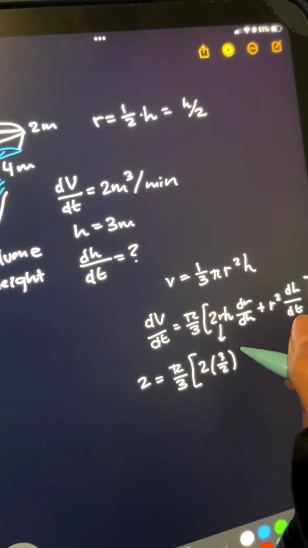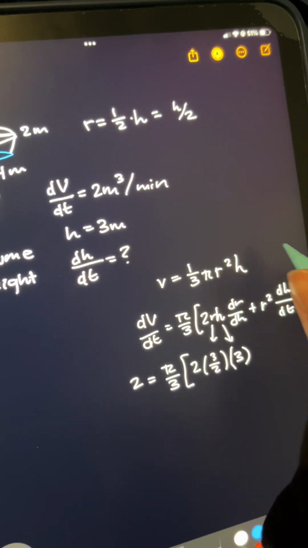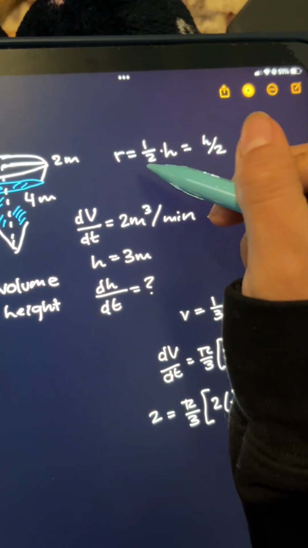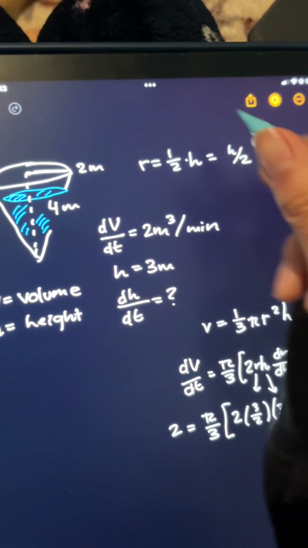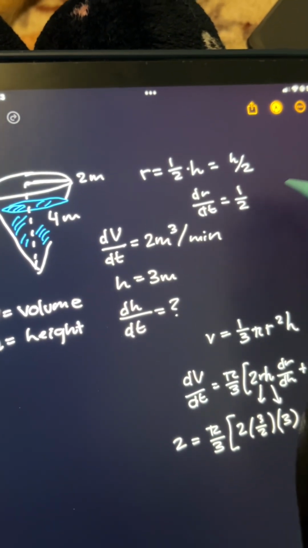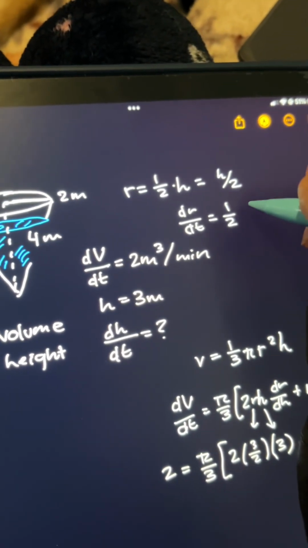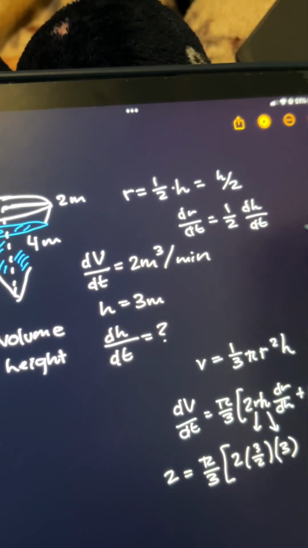Our height is 3. And now what is our rate of change of the radius? We have this as a function, so all we have to do is find the derivative of that. And that's 1/2 if you use the chain rule or the product rule, either or. That would be dh over dt.